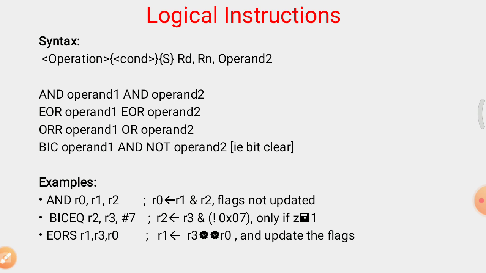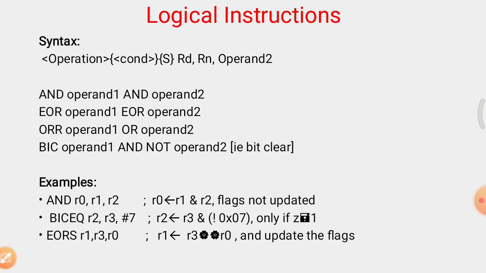So for examples, AND R0, R1, R2, where R1 and R2 are ANDed first and the value is loaded into R0. See that we have not used the suffix S, so the flags are not updated.